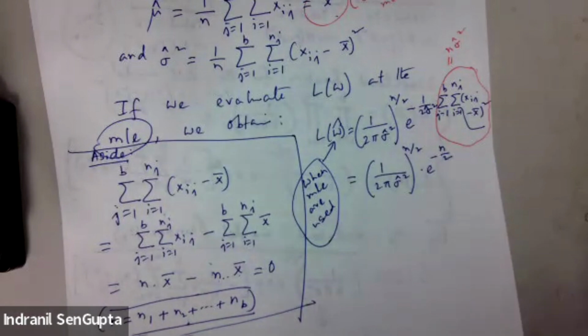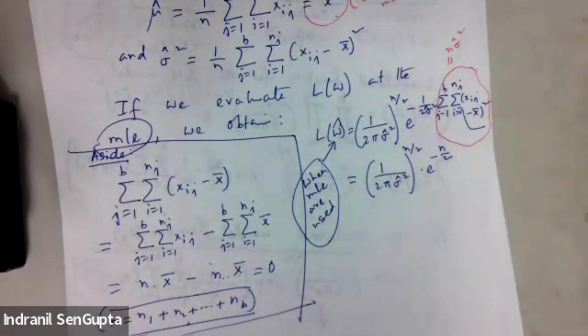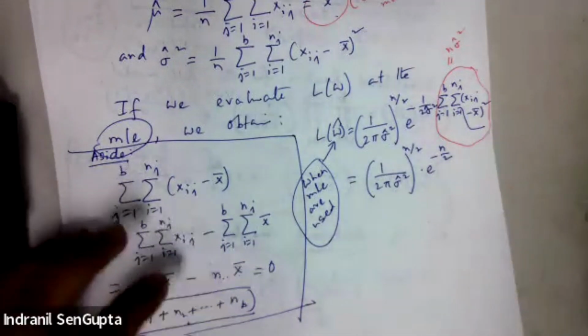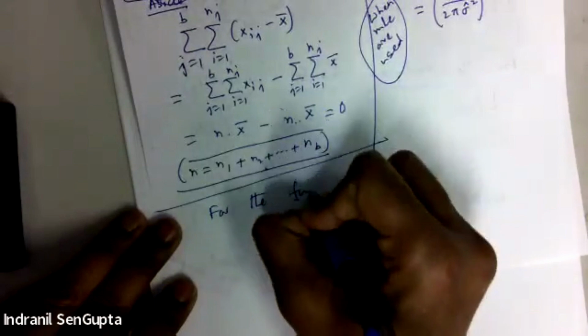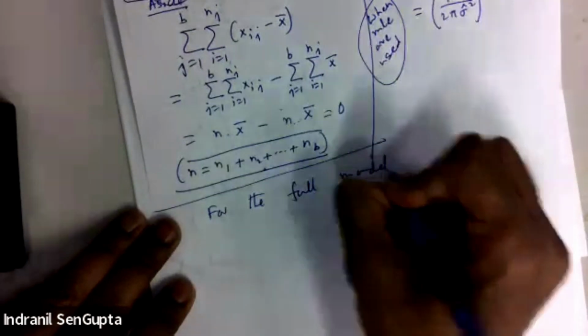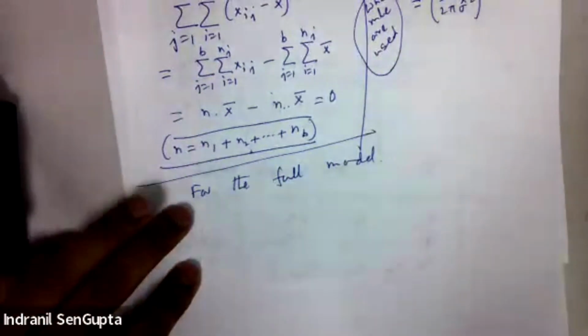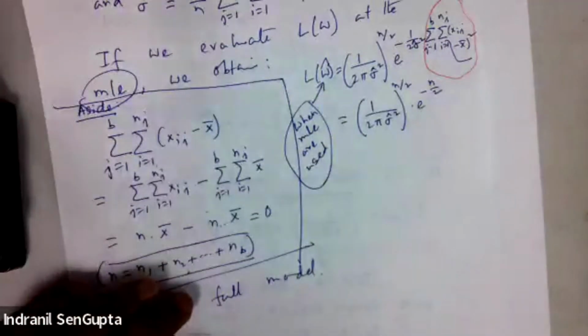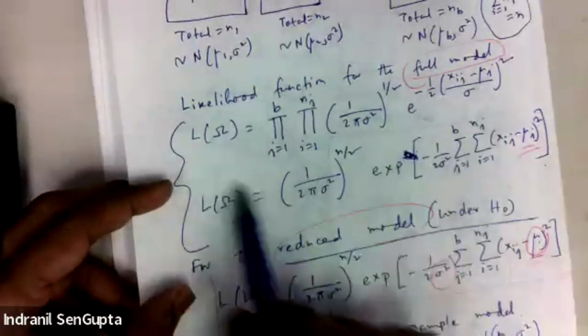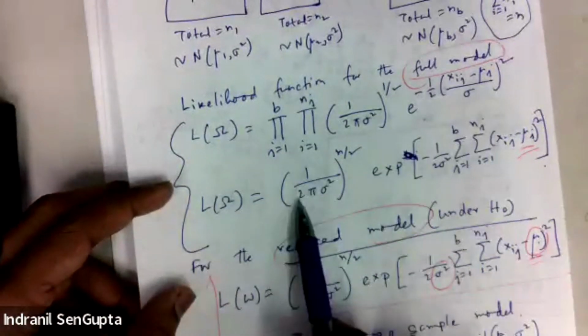Now, let's consider the full model. For the full model, we have already written the likelihood function right here.